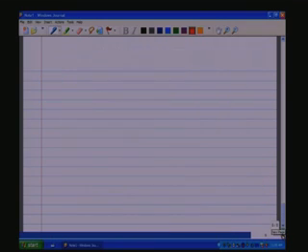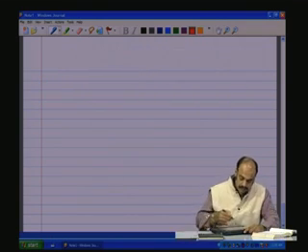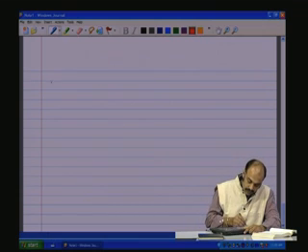So let us summarize the four main topologies.